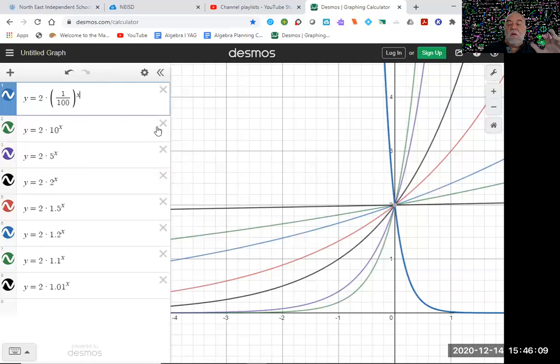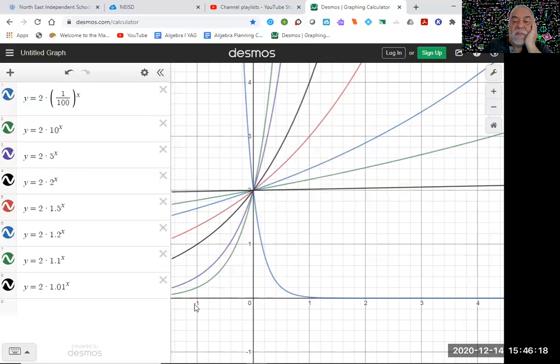Now, see, the y-intercept is 2. So here's this blue line coming down. It goes through 2, and now it's getting small very quickly.